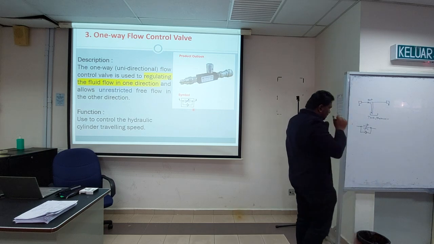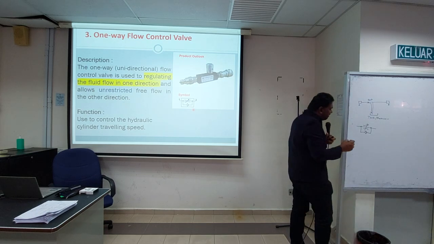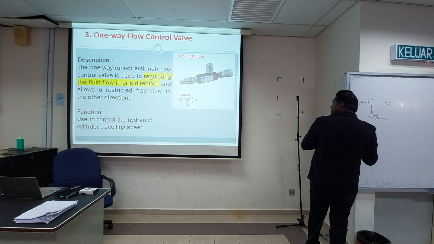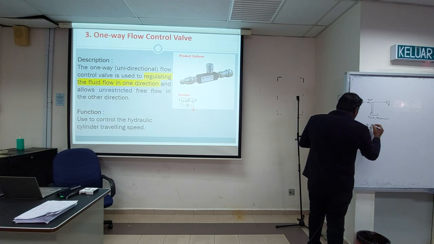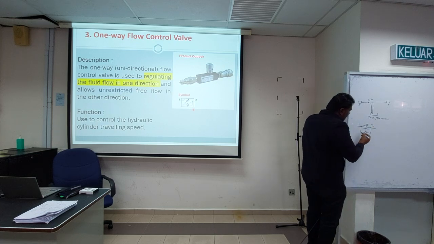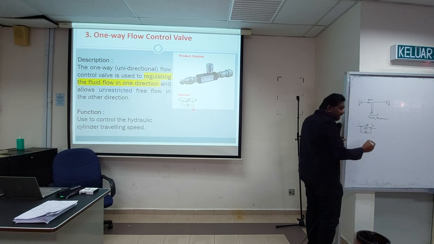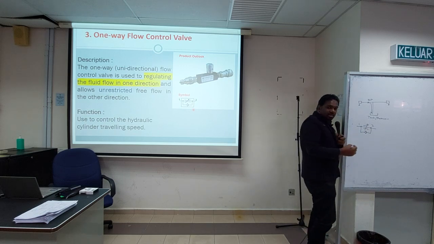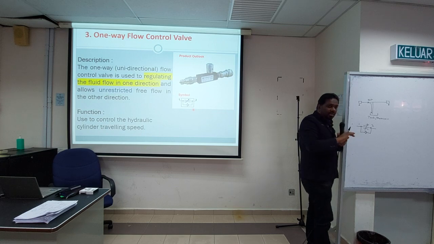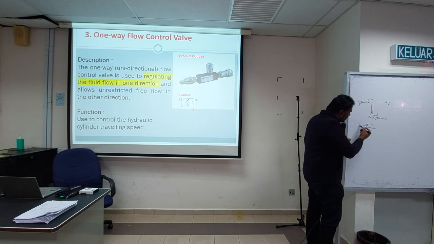Okay. So yang ni kalau you tengok, so this is actually 1 to 2. Okay, yang ni you boleh control the flow rate. Okay, because it is the flow control. Tapi yang ni dia allow hydraulic oil to go from 1 to 2 ataupun 2 to 1.